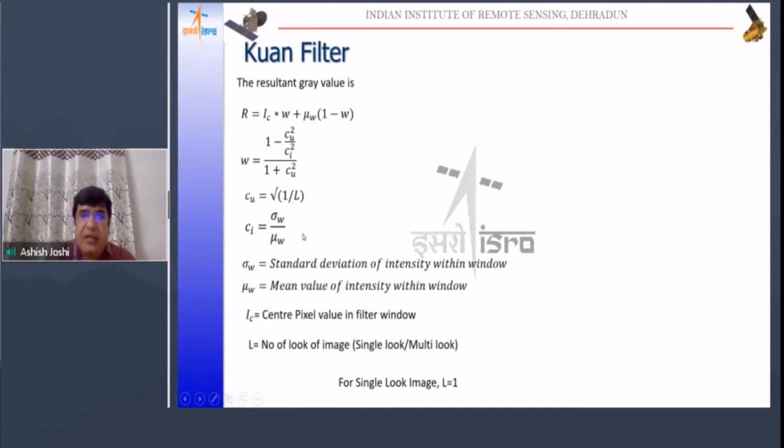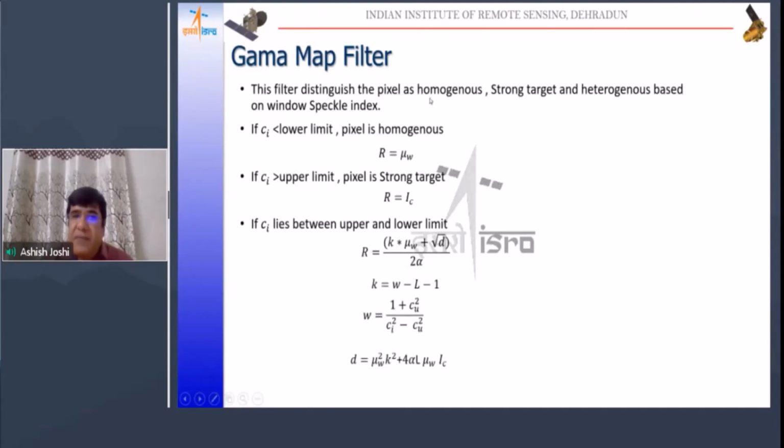In the gamma map filter, something different is there. This filter differentiates the pixel as homogeneous, strong target, or heterogeneous based on the window speckle index. If the target is homogeneous, we find a lower limit and an upper limit, and we replace the center pixel with the mean of the window.